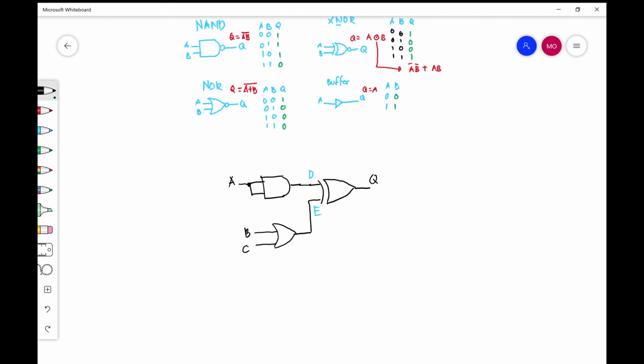From here, Q is an exclusive OR operation between D and E. Since our inputs are A, B, and C, we have to break down D and E. So D is actually A times itself because it is connected here.